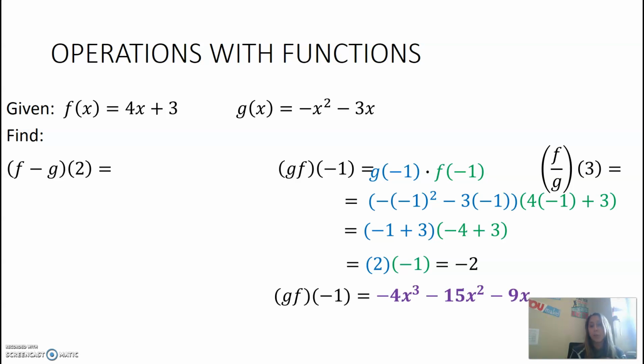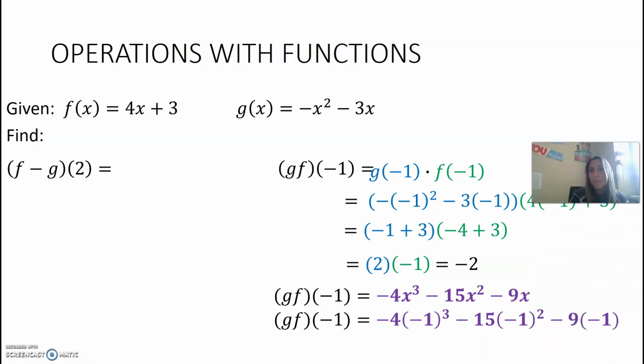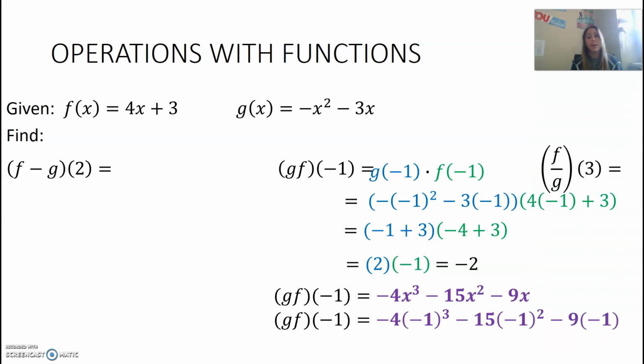Now I can just replace that with a negative 1, and I still end up with negative 2. So either way works, especially with numerical order, but when we're talking about something with variables, it's much easier to find this one first and then replace it with the variable.